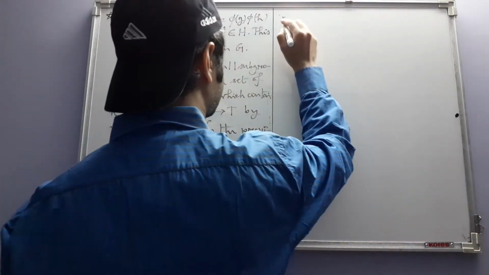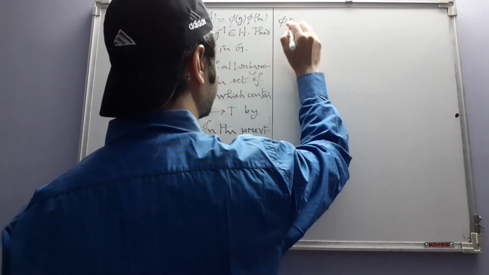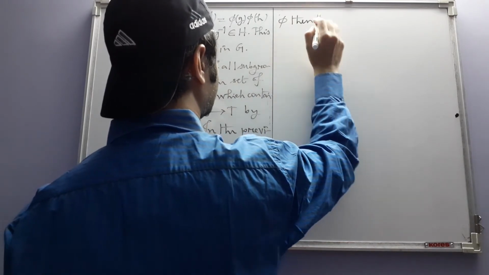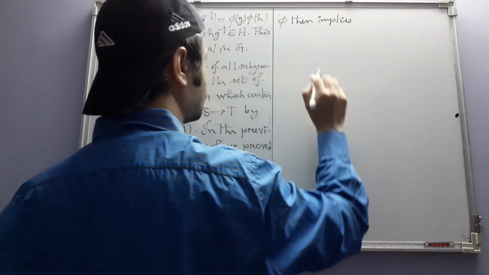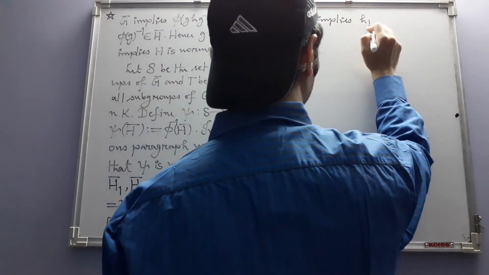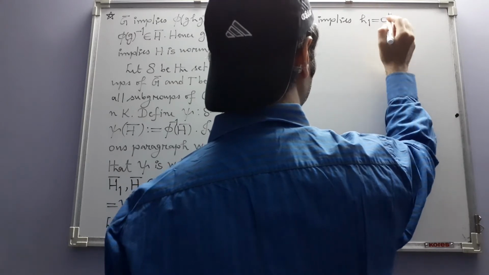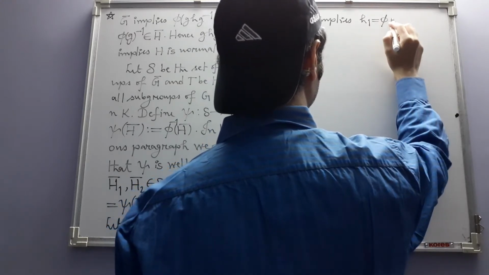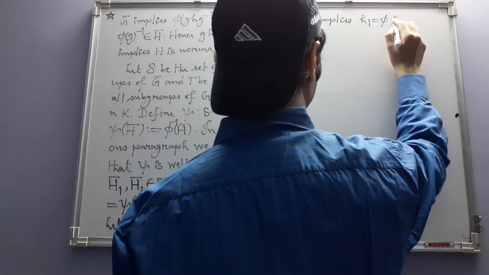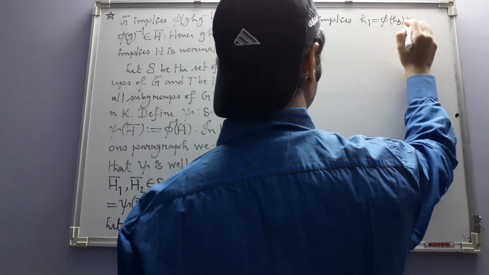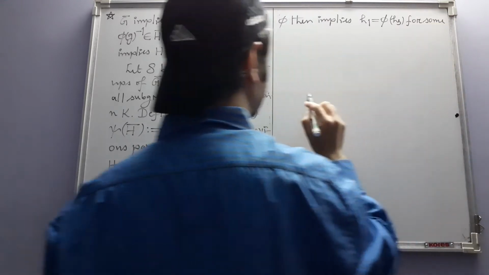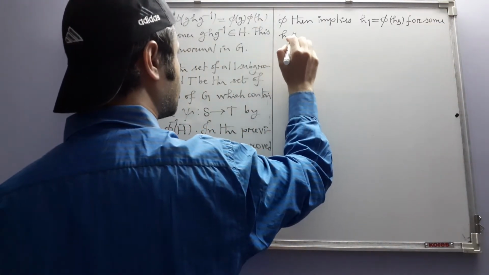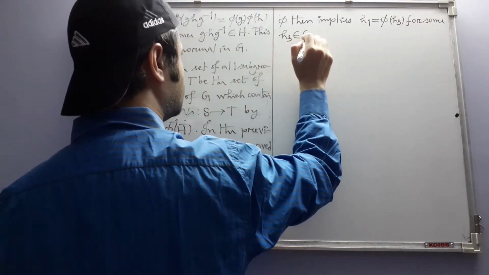The ontoness of phi then implies that H1 is equal to phi of, say, H3 for some H3 belonging to G.